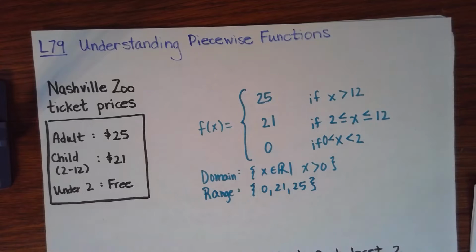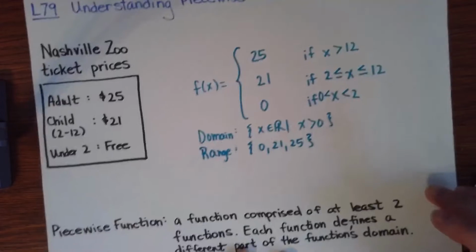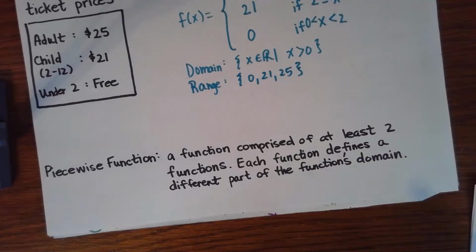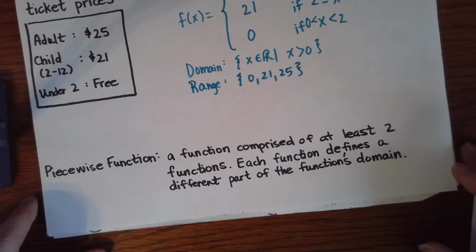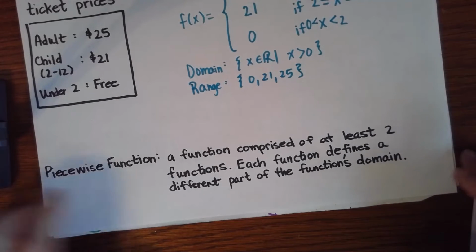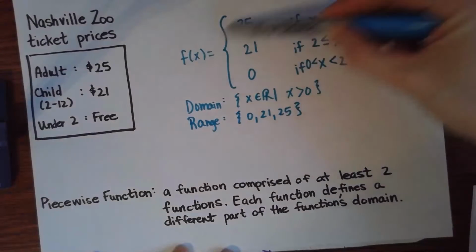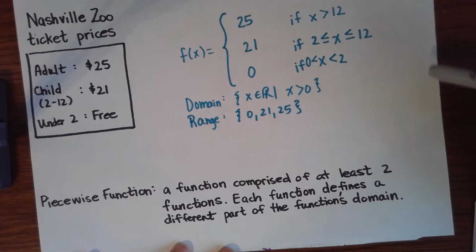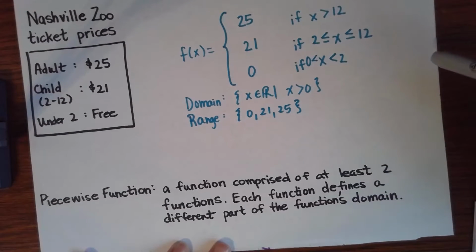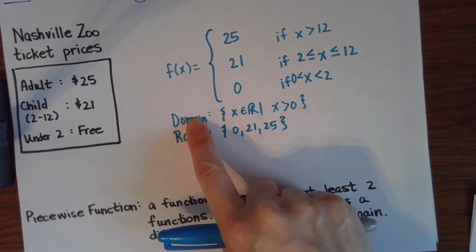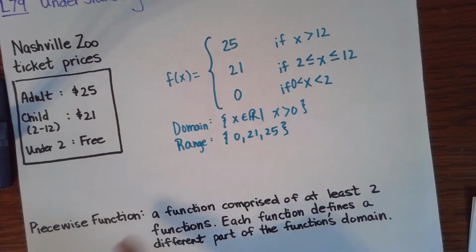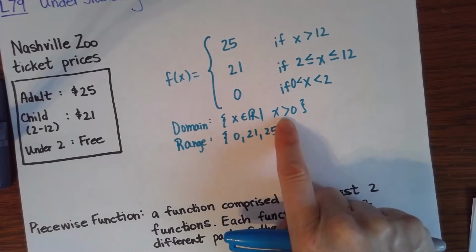Okay, so a piecewise function is simply a function that's comprised of at least 2 functions. In this case, we had 3, but we need at least 2 for it to be piecewise. And then each individual function that you have defines a different part of the function's domain. So here, the domain of our function f of x is all real numbers that are greater than 0.